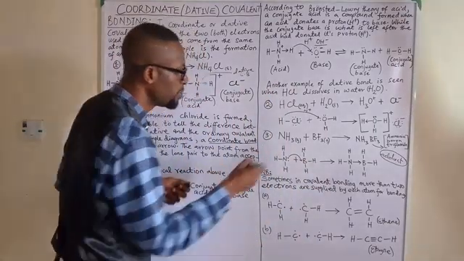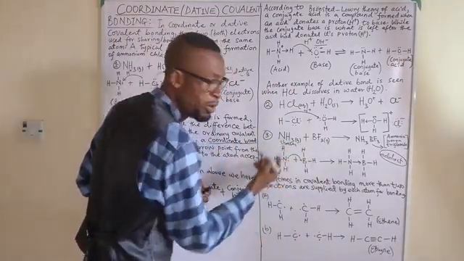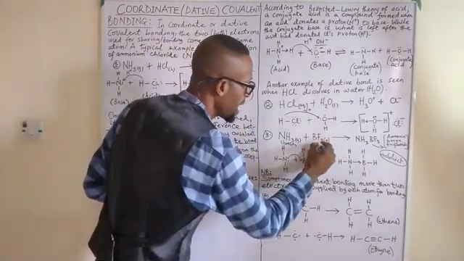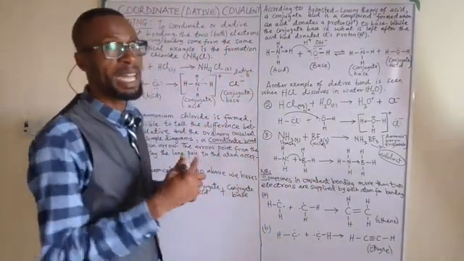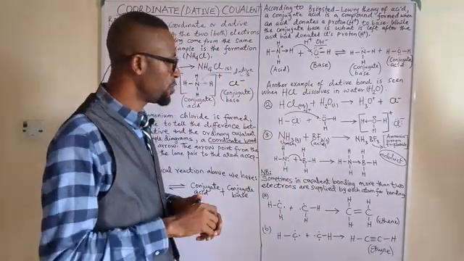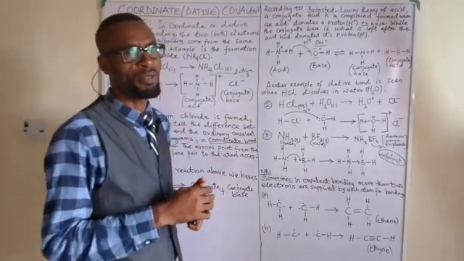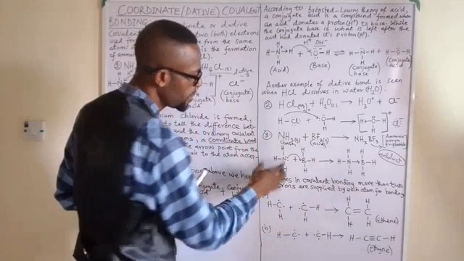You will agree with me that this is a base because it has one lone pair of electrons, that's 2 electrons to donate. And this is an acid because it has the capacity of accepting the 2 electrons donated by the base. So a base donates a pair of electrons to an acid, and the acid accepts that. And that is what actually happens here.